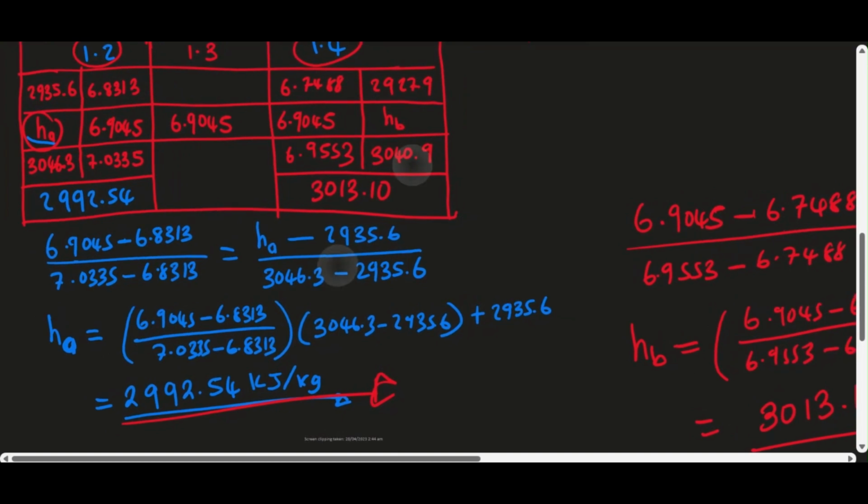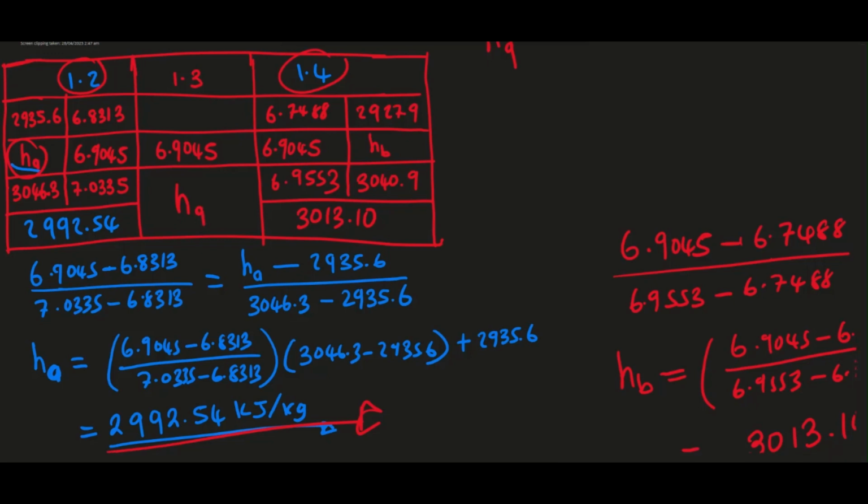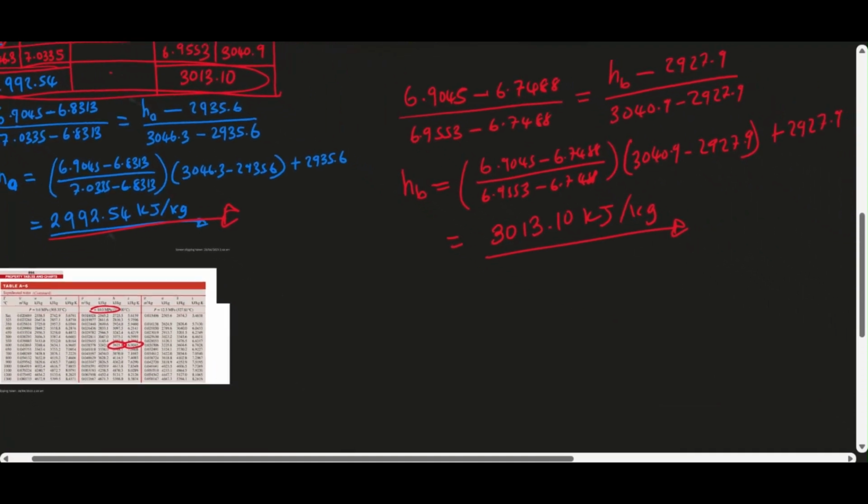Now what we need to do is find out what is our enthalpy at state 9. Then we're done. To do that, we'll now use the pressure to interpolate between the two pressures and our new values. So let's do that.